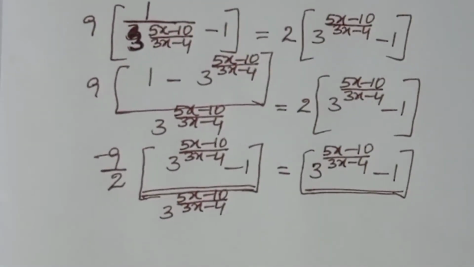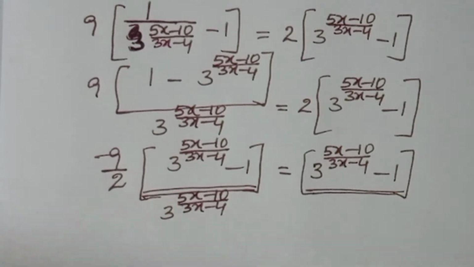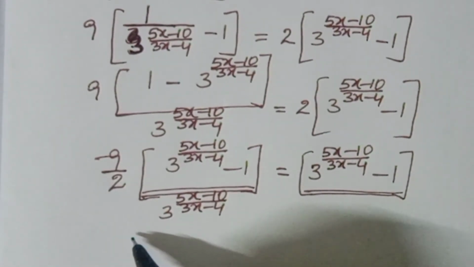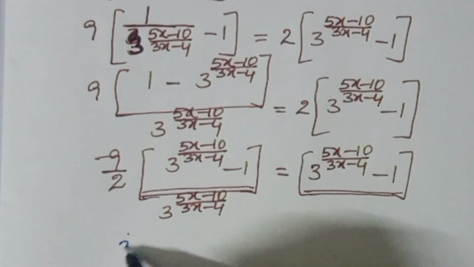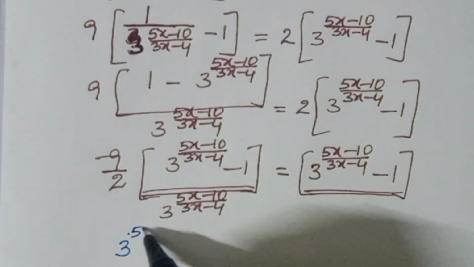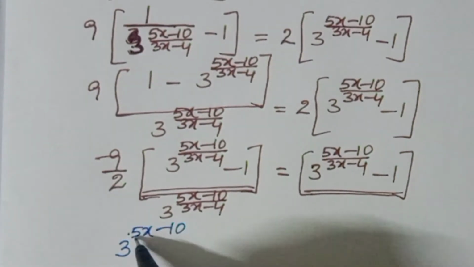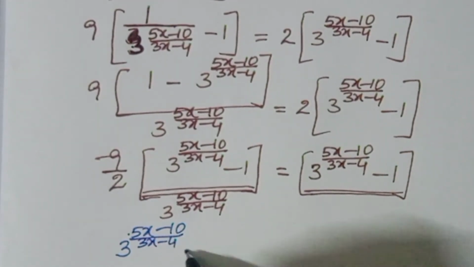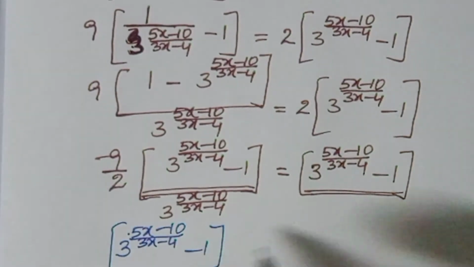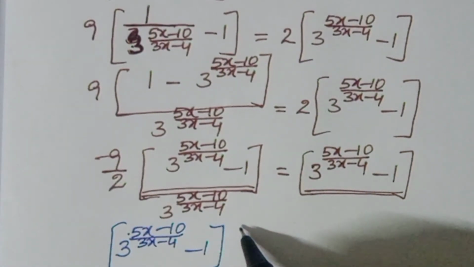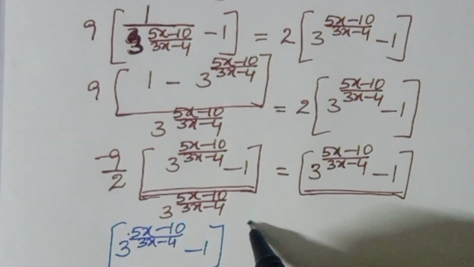If you take the 2 common, what will we get? 3 to the power of (5x minus 10) by (3x minus 4) minus 1, into, what is left here?